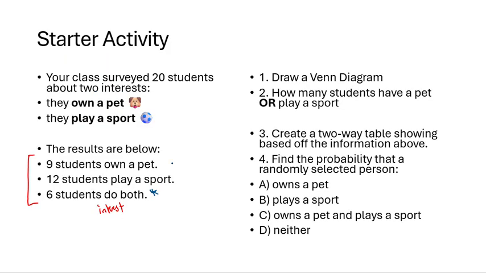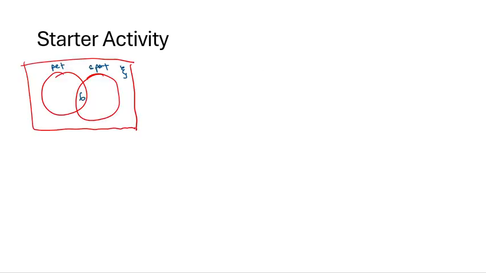Now, the next thing you need to watch out for are these two. You've got to be careful, okay? Say, for example, I select 9 students owning a pet. If you have a look at my Venn diagram so far, I've already taken into account 6 of the students. So you're not going to write 9 here. This is completely wrong.